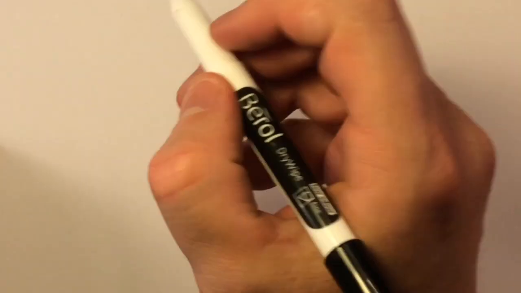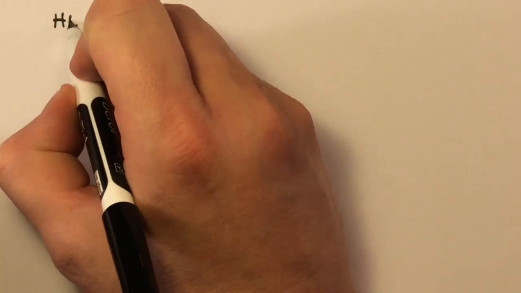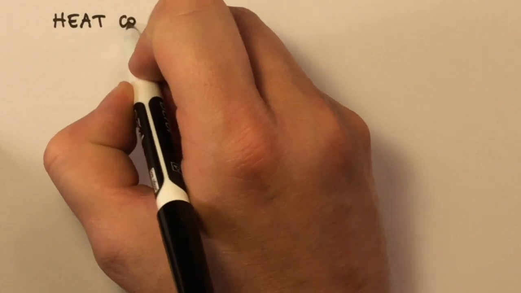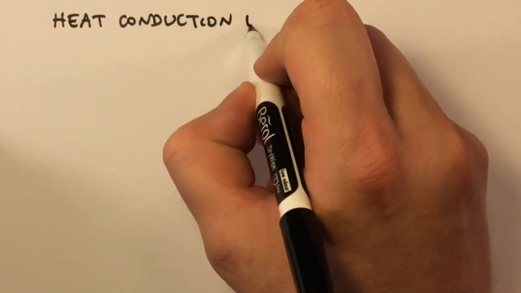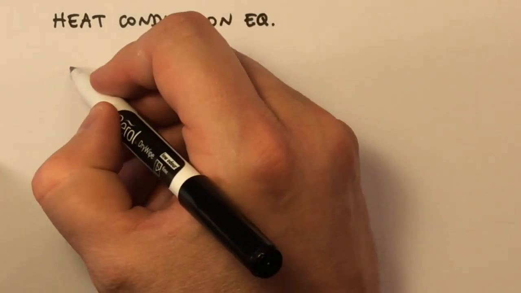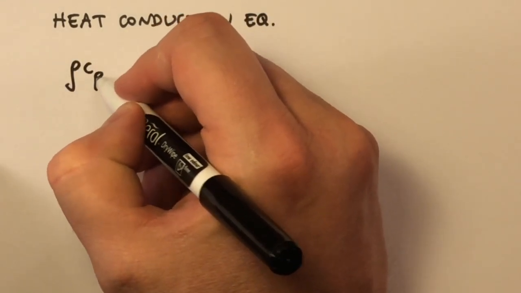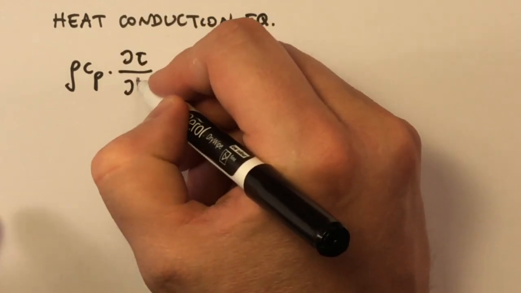So of course we have to study the heat conduction equation, and the heat conduction equation for the case of constant property is rho Cp partial tau partial t.